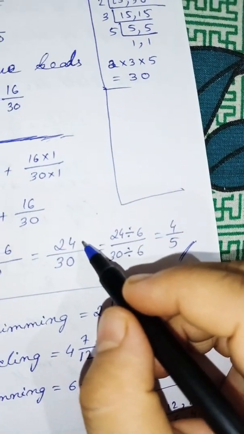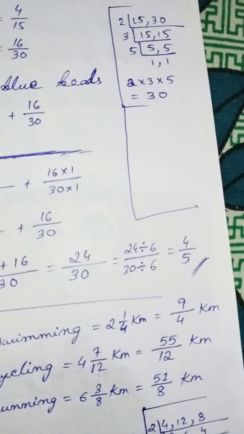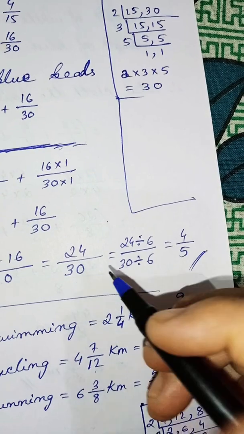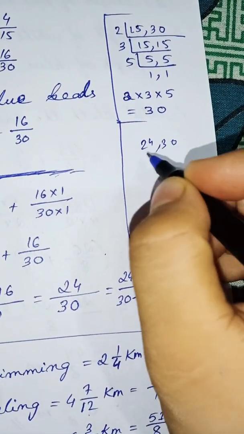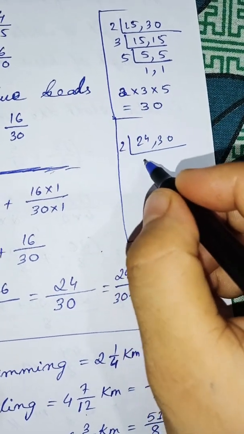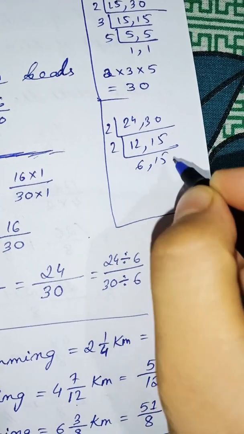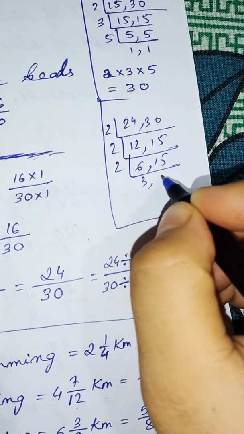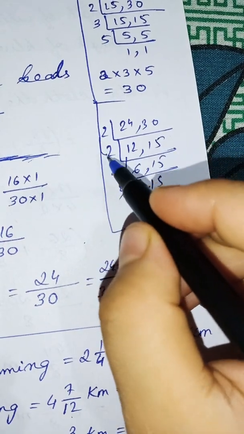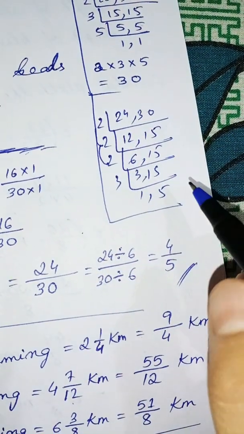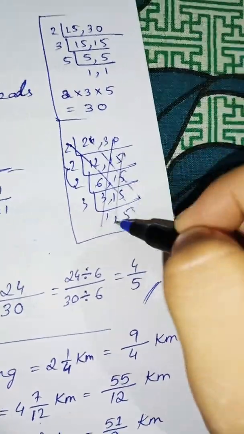I told you in the previous class, in the first exercise I think, that to find the largest common factor, you find the HCF of these two numbers. Sorry, I was doing the LCM here, I'm extremely sorry.